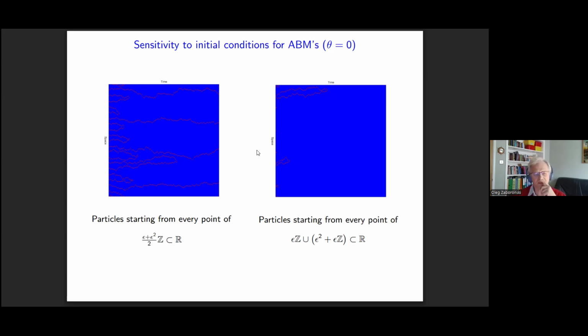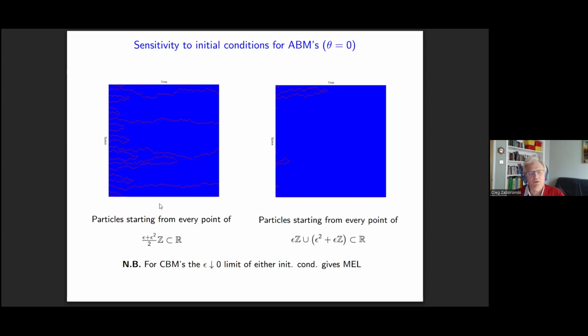It is quite clear that if I start taking epsilon to 0, in the limit, I will have no particles at positive times for these close pairs. And it's actually easy to check that in the situation on the left, I will get a process whose one-dimensional distributions can be obtained from the Arratia flow by thinning with parameter 1/2.